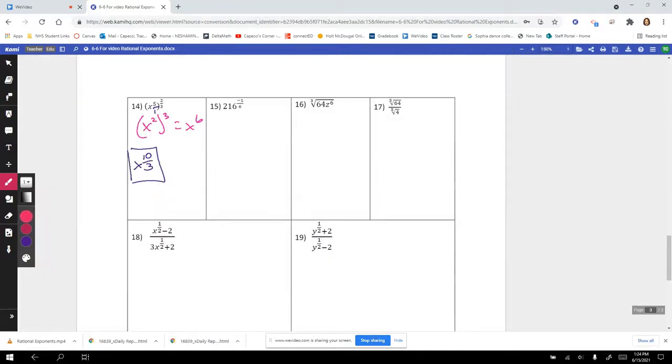Now our next problem has a negative exponent, so we're going to bring that to the other side of the dividing line right away. 1 over 216 to the 1/6. Now this 216, I realize that that's really 6 to the third power. So I'm going to take 1 over 6 raised to the third power, and then I can raise that to the 1/6 power.